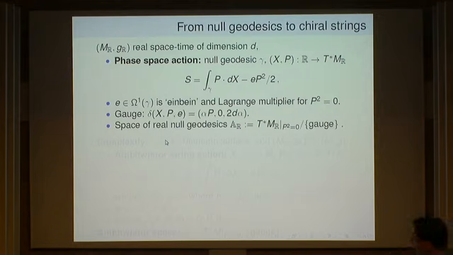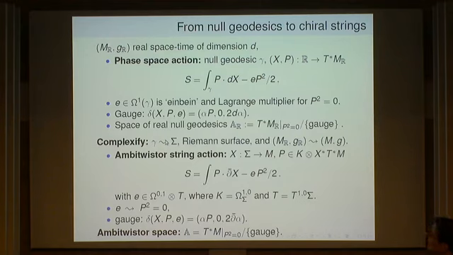Something quite nice happens when you complexify this. If you complexify, then of course your null geodesic is going to become a one-dimensional complex manifold, and you have a bit of choice as to how you're going to think about it. So we're going to complexify a real manifold and its metric to become a complex manifold, with a holomorphic metric on the neighbourhood of the real slice.